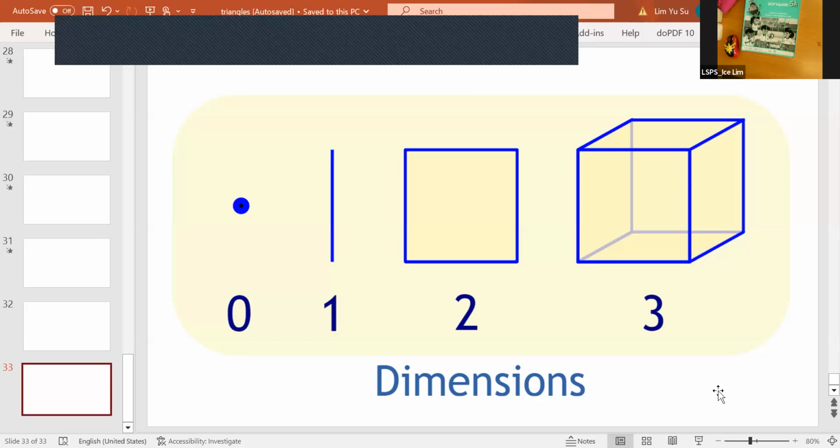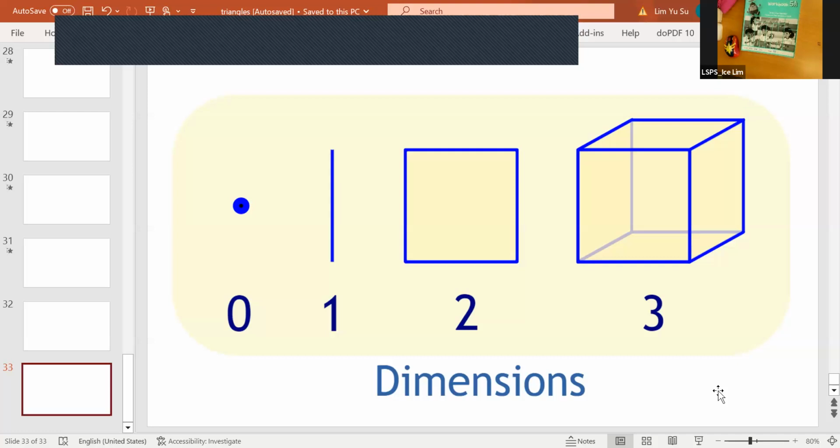Now, when I expand this figure, I make this dimension into a 3-dimension object. Now, in this 3-dimension object, I'm able to have 3 different kinds of measurements. This 3D, I will have 3 dimensions, called volume.